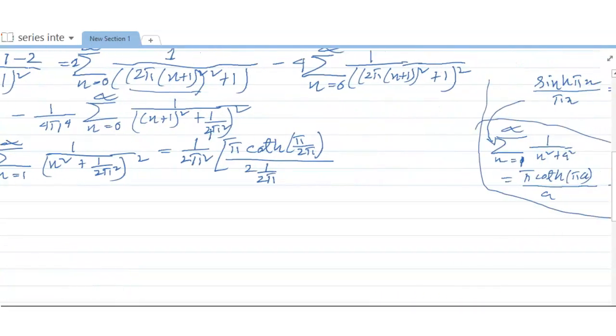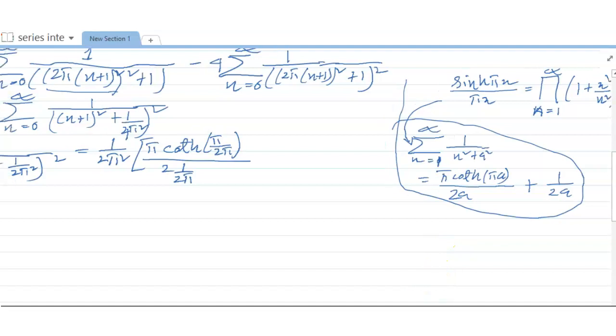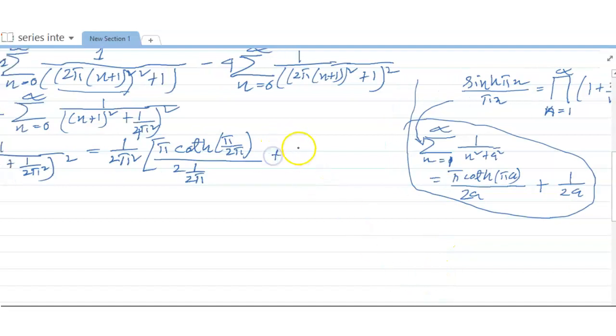This is the 2a also. Plus 1 by 2 into, here a is equal to 1 by, sorry, it is a square, is equal to 1 by 4 pi square.